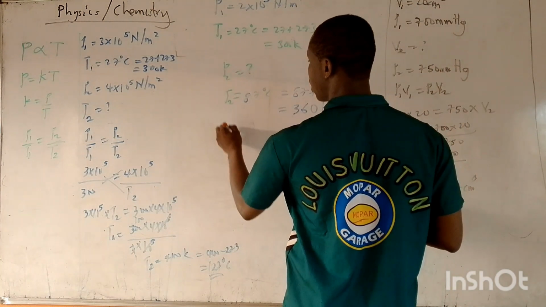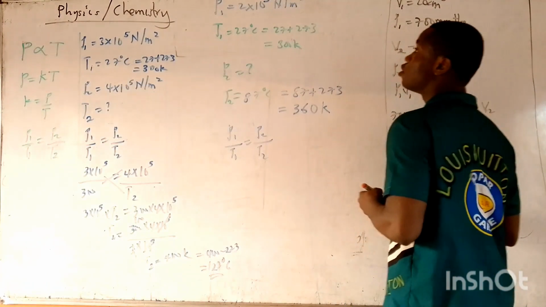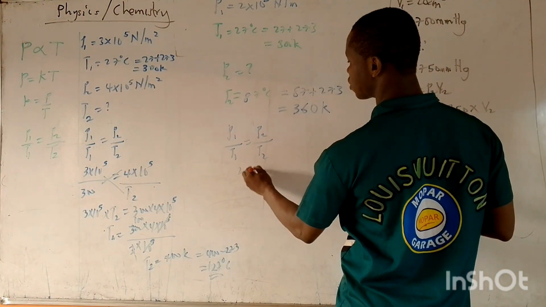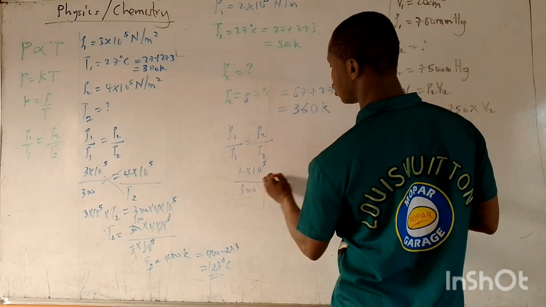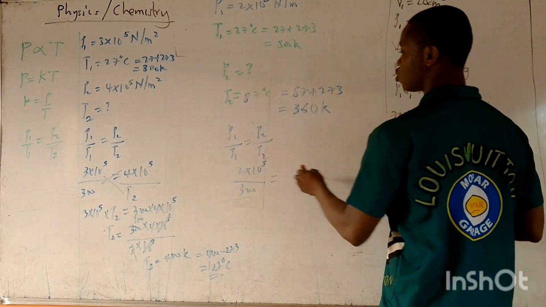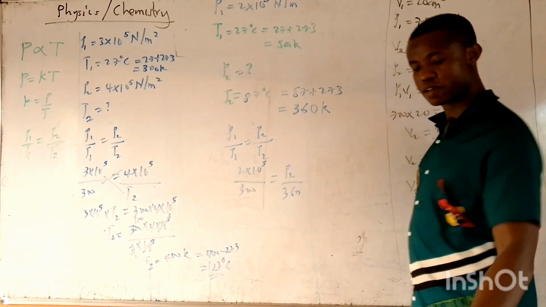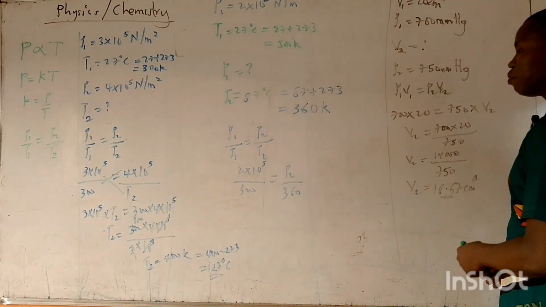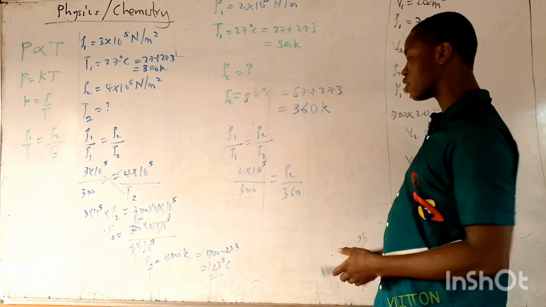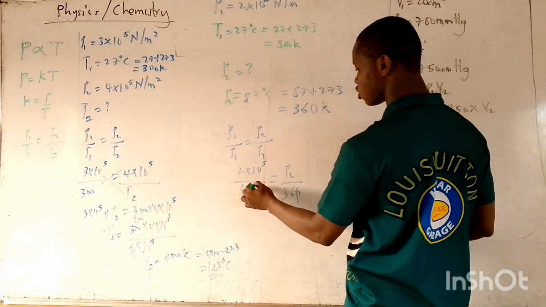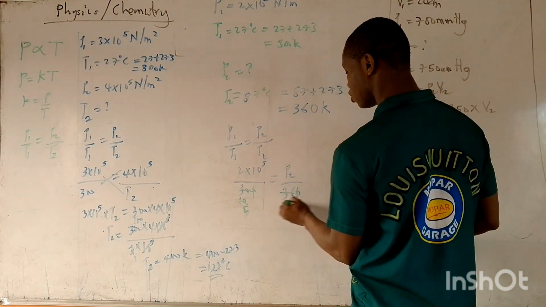So we'll follow the formula P1 over T1 is equal to P2 over T2. P1 is 2 times 10 raised to the power 5 over T1, 300, is equal to P2 over 360. All I have to do is cancel 0 with 0, 3 here 10, 3 here 12, 2 here 5, 2 here 6. Are you getting it?